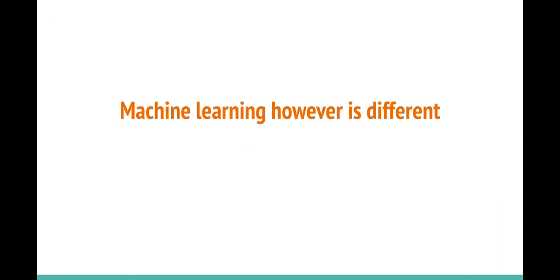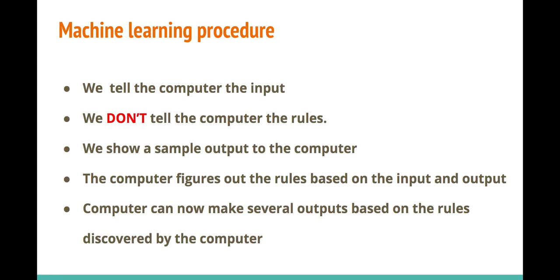Now, what about machine learning? Machine learning, however, is different. Let's just read this line per line before I give an example. For machine learning, we tell the computer the output. We do not tell the computer the rules, but we only show a sample output to the computer.